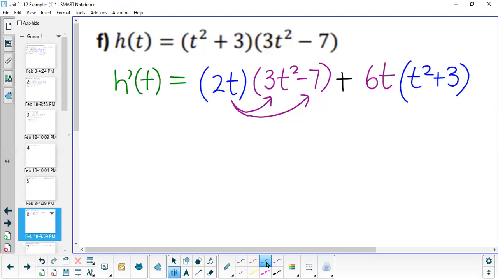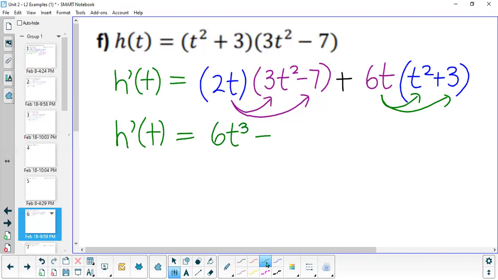Okay. Again, distributive property is very important here. H prime of t. Notation matters, folks. When I do my distributive property, I'm going to get 6t cubed minus 14t.